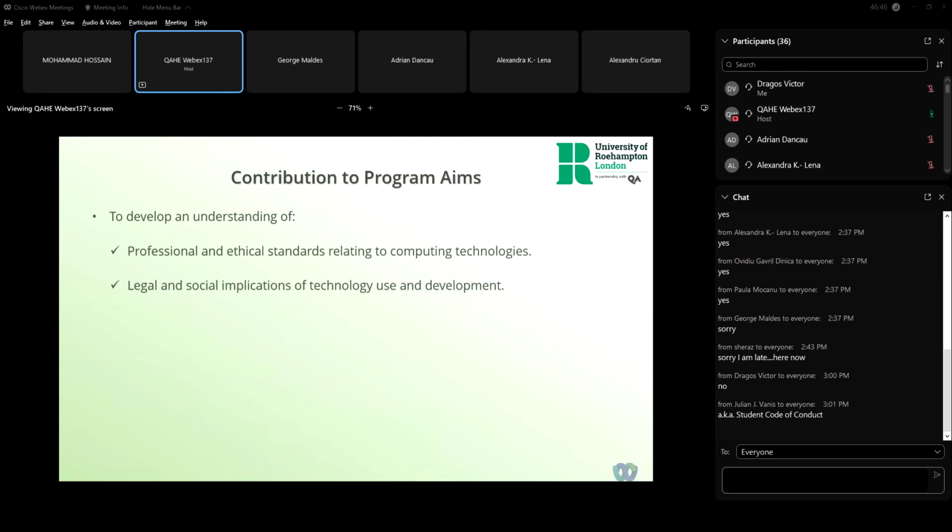Yeah, exactly that. Student code of conduct, which is also the ethical or professional code of conduct, is behaving in an appropriate manner, which is accepted by the people who find themselves in that particular environment. Another example is, let's say you want to join a professional institution, such as the British Computing Society or the Institute of Engineering and Technology.